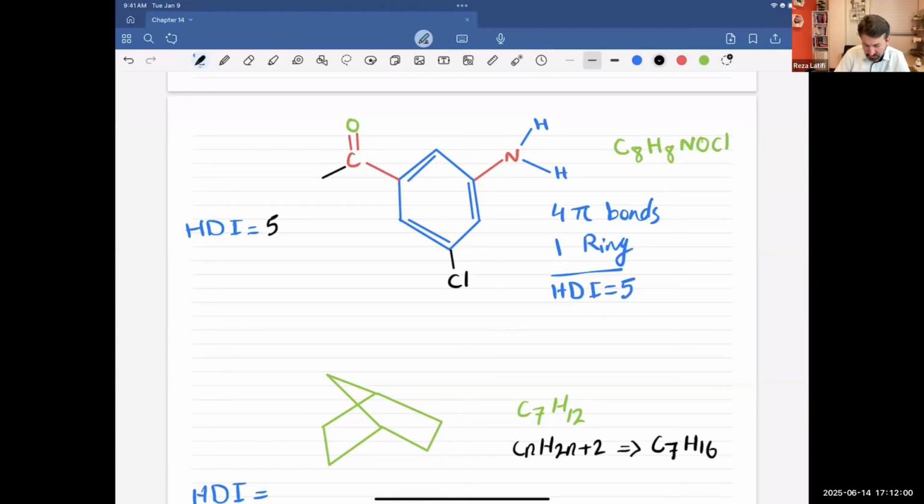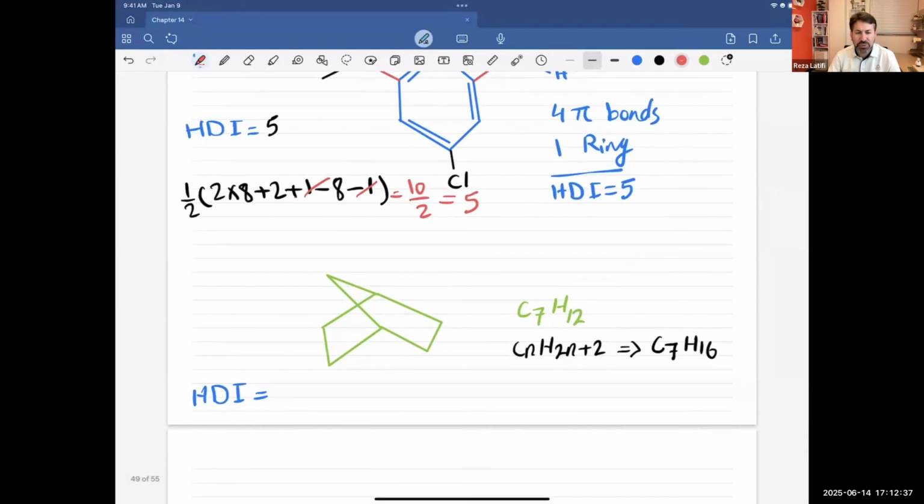I have half of how many carbons? We have 8 of them, plus 2, plus nitrogen, we have 1. Hydrogen, we have 8 of them. And chlorine, we have 1, so it cancels the nitrogen. What else? We have 16 plus 2, that's 18, minus 8 leaves me with 10. 10 divided by 2 is 5. And yes, we got it equal to 5.